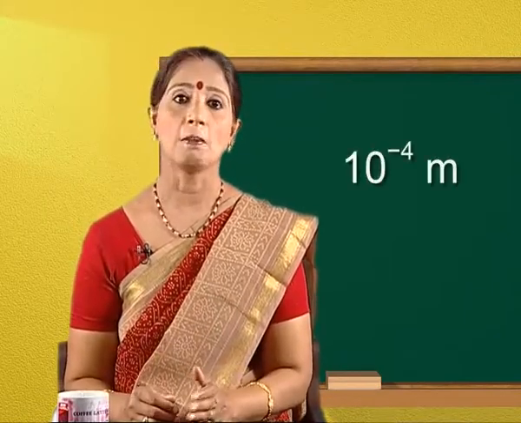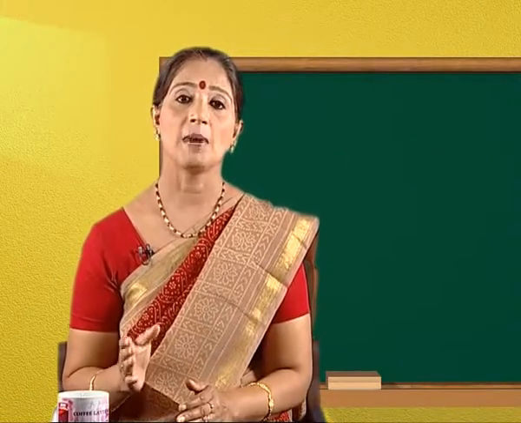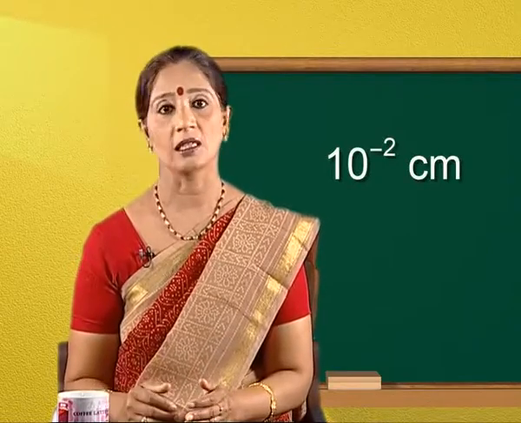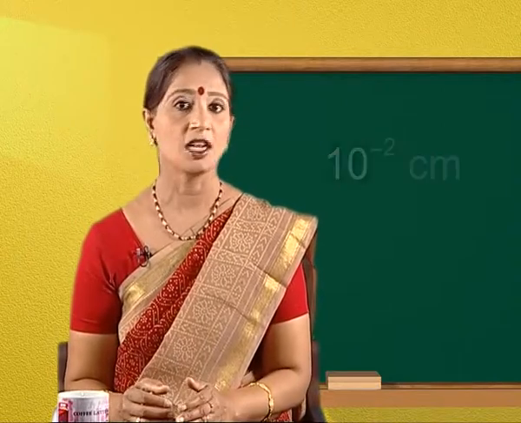We know that the least count of vernier scale is 10 to power minus 4 meter, that is 10 to power minus 2 centimeter or 0.01 centimeter. There is a possibility of error which is equal to half of the least count, that is 0.005 centimeters.